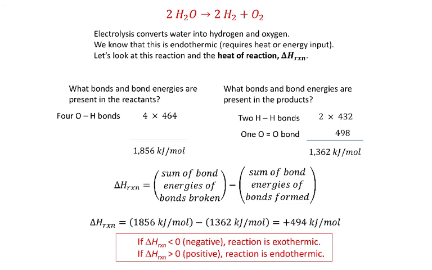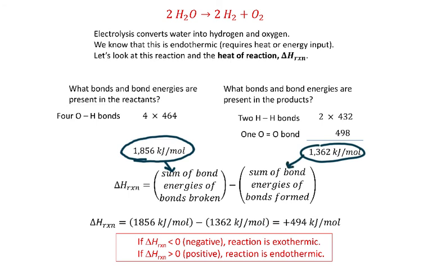So if we were to go through the whole process here of calculating bond energies, the reactant is 2 H2O molecules. So we have 4 OH bonds for a sum of bond energies broken to be 1856. Then we get 2 HH bonds and 1 O double bond, which gives us a total bond energy of products to be 1362.